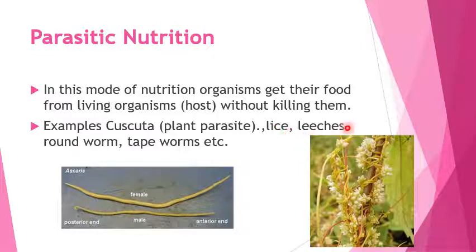Others are lice, leeches, roundworm and tapeworm. These are roundworms present in the human body, in the intestine, and they take nourishment from the body without killing it. So they depend upon the living organism, while saprophytic depends upon the dead and decayed organism.